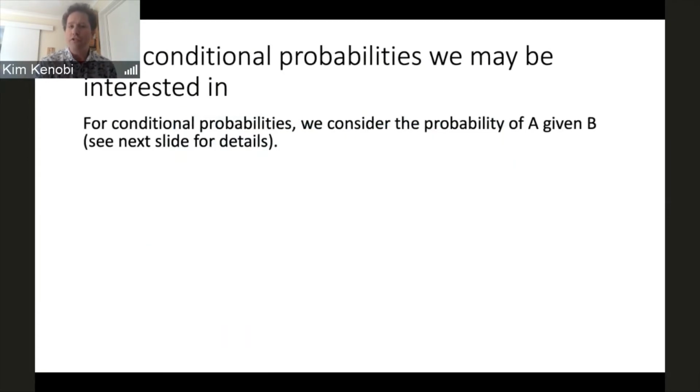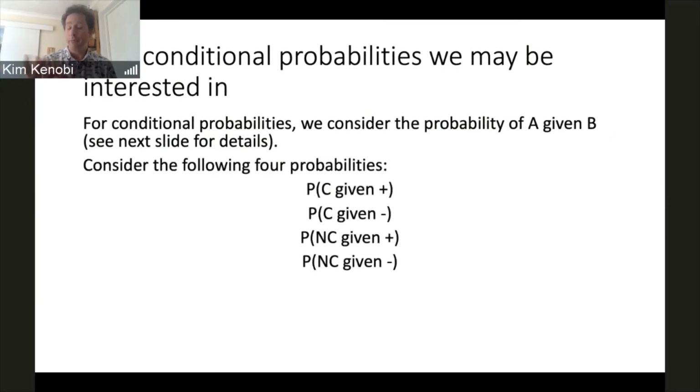Right, I'm going to introduce here the idea of conditional probabilities. And we'll see this in a sort of picture on the next slide. But for the time being, we're going to introduce this language of the probability of A given B. So A and B can be anything.